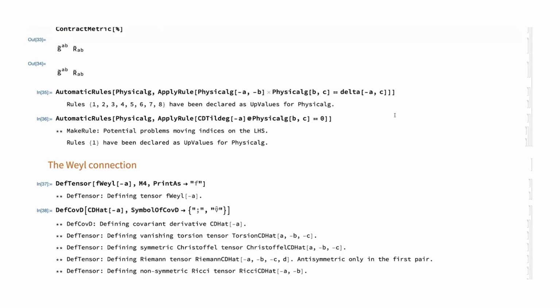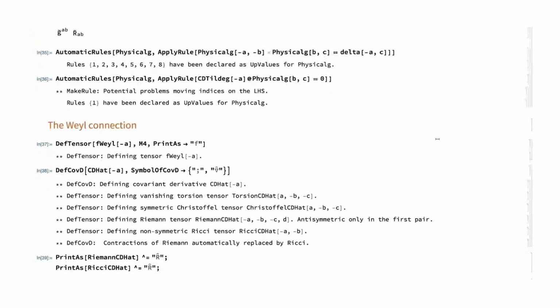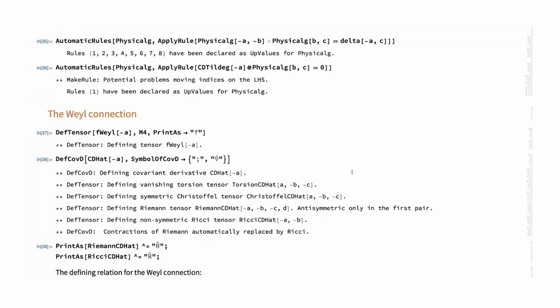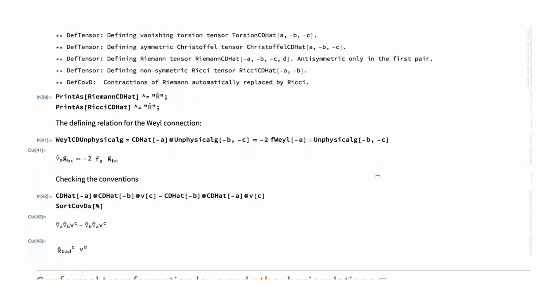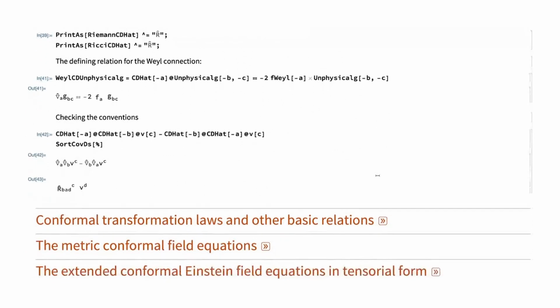There is a more general structure called a Weyl connection. It's a connection which is torsion-free, but not necessarily metric. And you can also consider this sort of connections or covariant derivatives in xAct. So it turns out that xAct already has built in all these ideas to study conformal transformations.